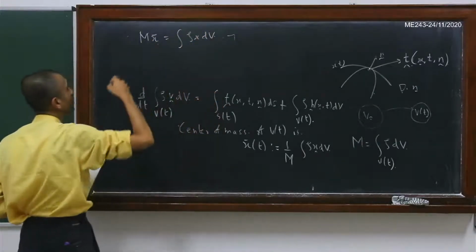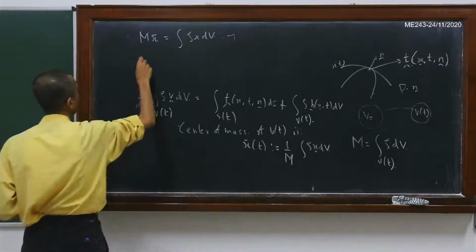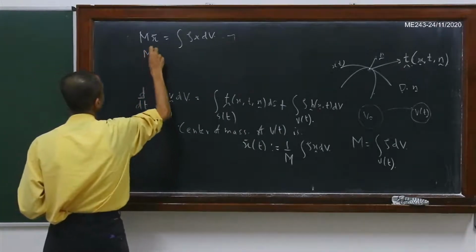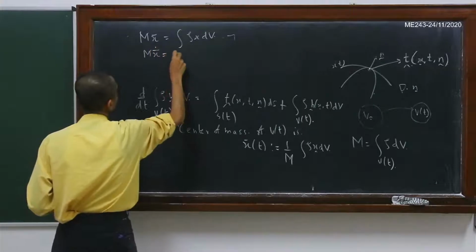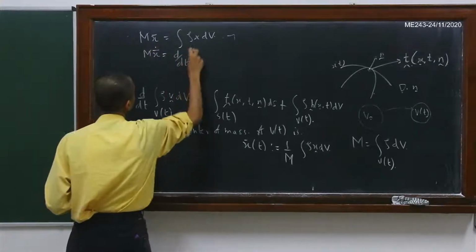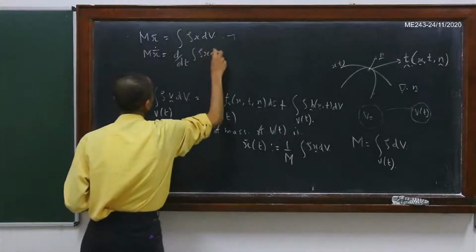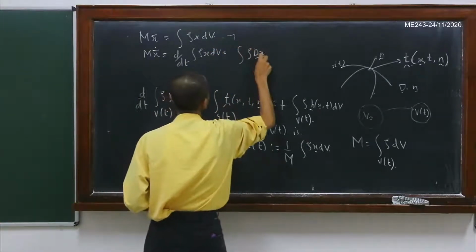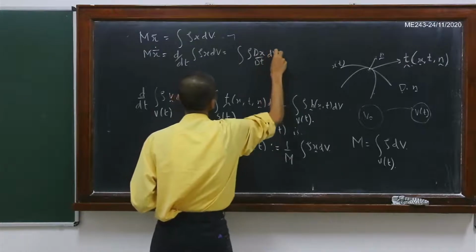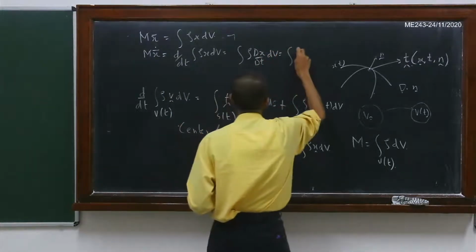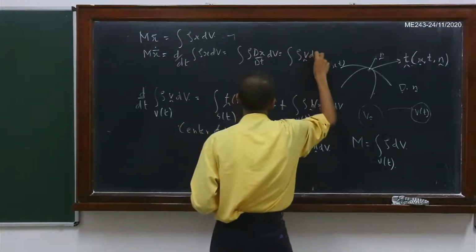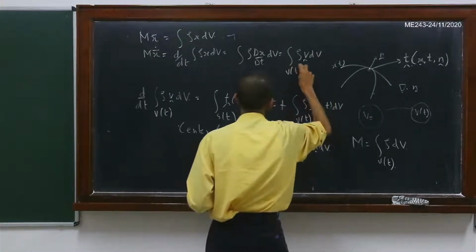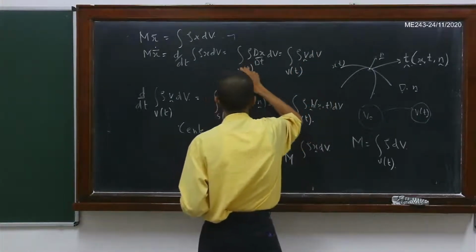Now, if I differentiate this with respect to time, then I will get that M times x bar dot is equal to d by dt of the integral of rho x dv, which is equal to the integral of rho times dx by dt times dv, which is equal to the integral of rho times v times dv over V of t. So this is over also V of t.